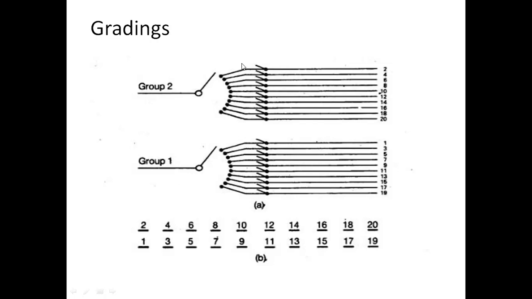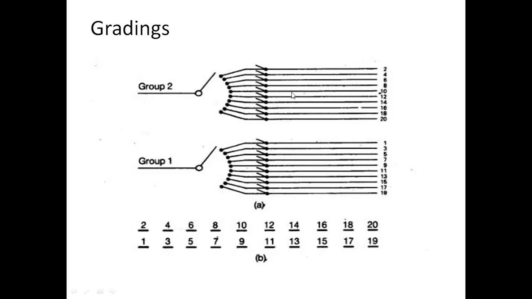If sequential selection is being employed in such a switch, the early outlets, in this case the first six outlets, say, are the early outlets, and the last four outlets in group 2 are the later outlets. You find the first six of those outlets to be busier than the latter four outlets.